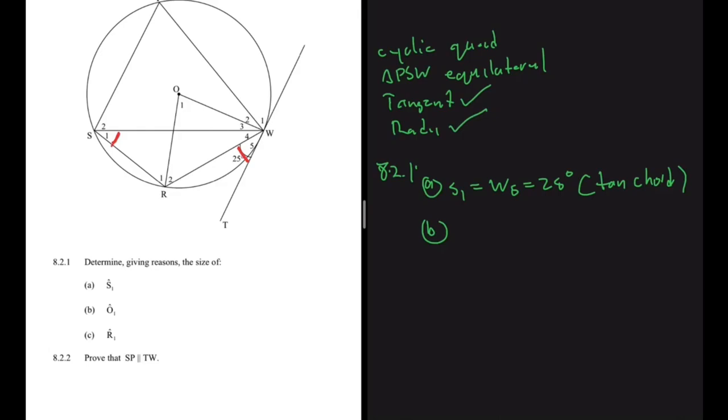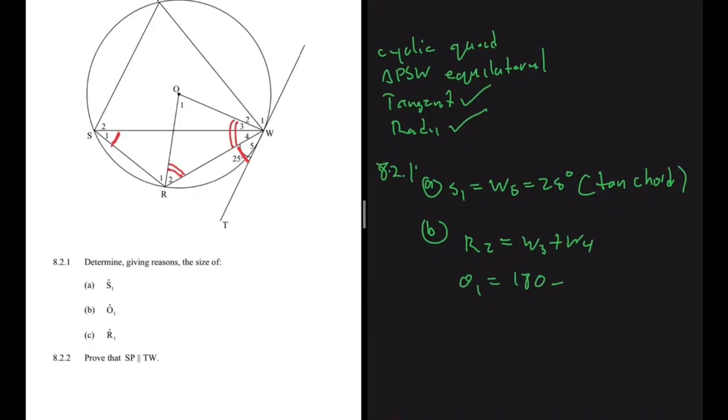Obviously, OR and OW are equal to each other. So angle R2 will be equal to angle W3 plus W4, right? We're saying that this angle here is equal to this angle here. So now we can say that O1 is equal to 180 minus 2R2, right?